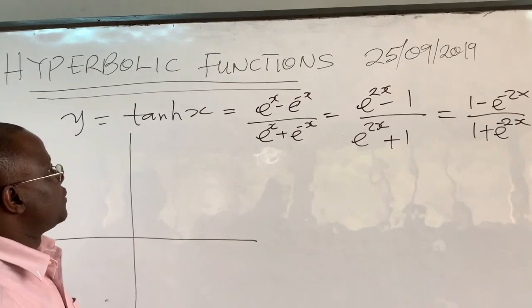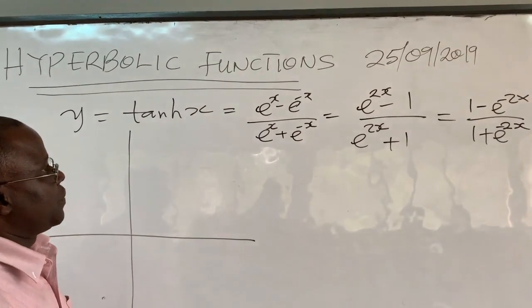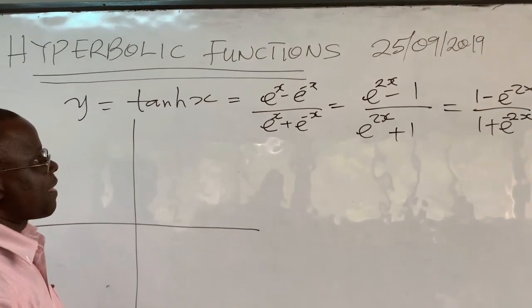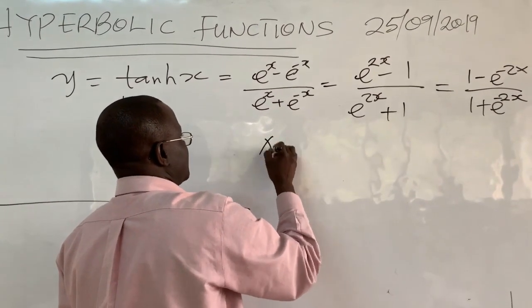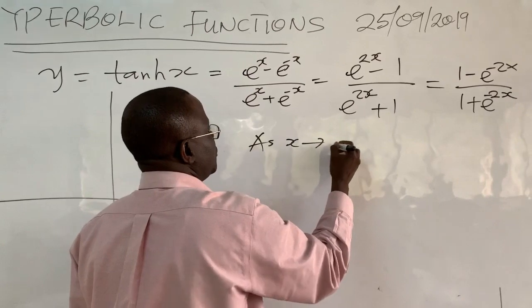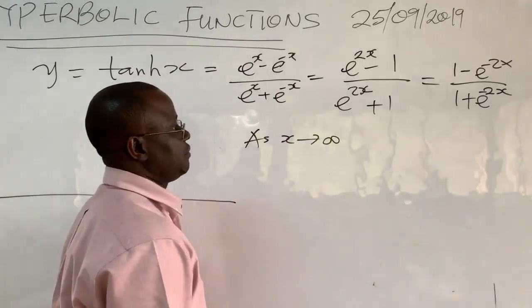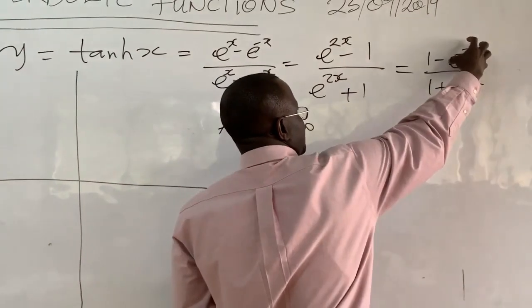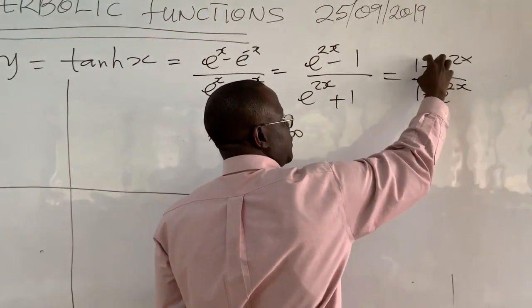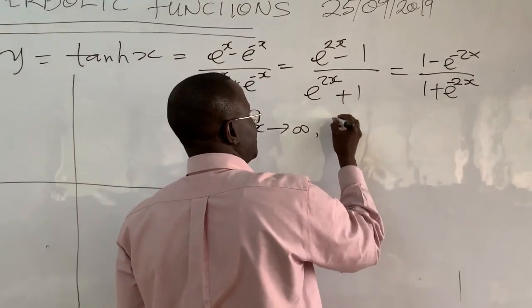Okay, so what you notice is that as x goes to positive infinity, if you use this expression, this guy goes to 0, that goes to 0, and so this approaches 1.